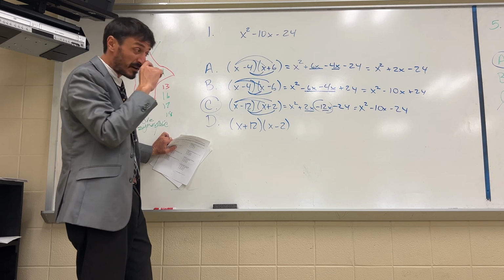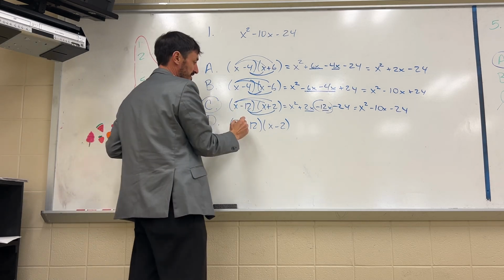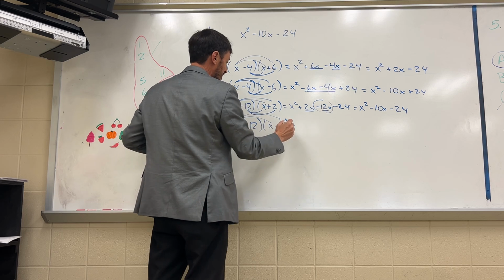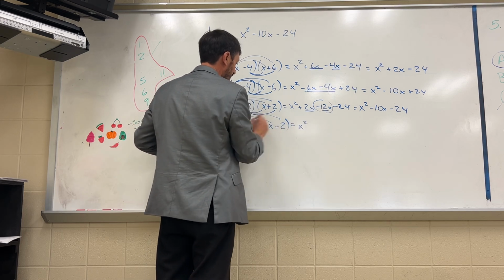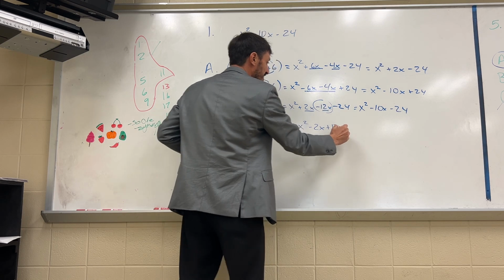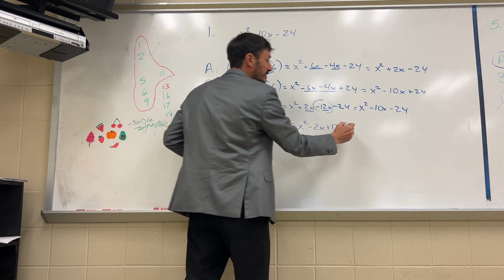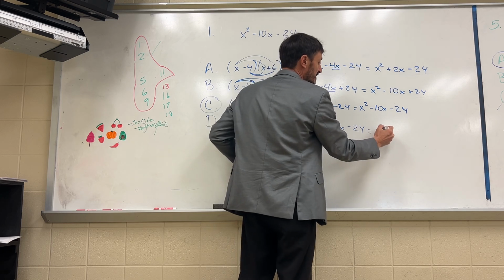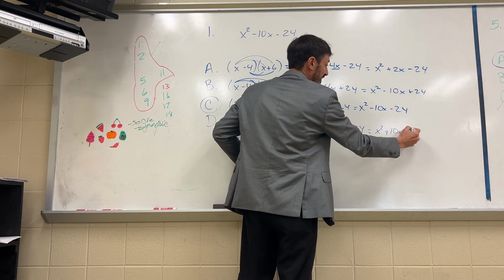However, I will say you need to check all of these. Okay? Sometimes you can have multiple matches. In this case, x times x is x squared. X times negative 2 is negative 2x. 12 times x is positive 12x. And positive 12 times negative 2 is negative 24. Here we have 12 minus 2, which is going to give us a positive 10x minus 24.